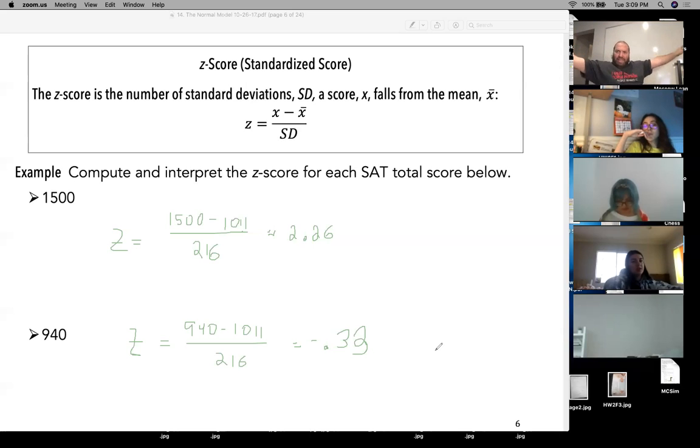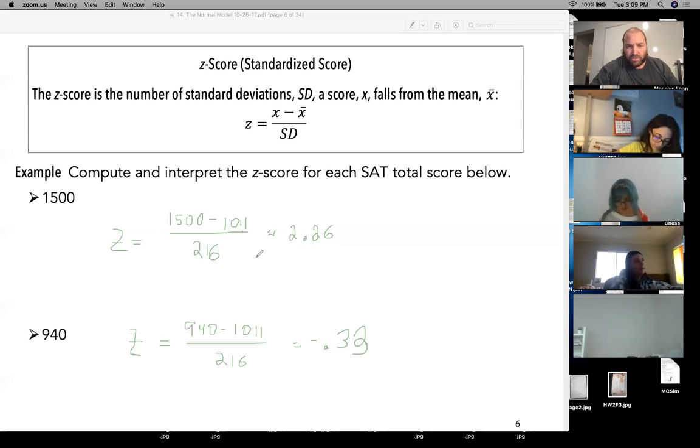Didn't you say unusual means past two deviations? Yeah, so you're past 2 this way and past -2 that way. Okay, so basically, if we're answering the question, the question says compute and interpret the z-score for each SAT total score below.